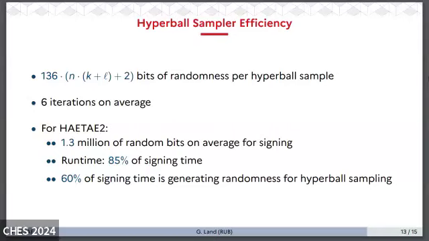And what's more important is that 60% of signing time, not of the hyperbole sampling time, is just used for generating randomness for the hyperbole sampling. And I think that's not only bad news, it's also good news, because once we have at some point Keccak acceleration, this will shrink a lot. So as of now, I'm pretty sure that HT will profit from Keccak acceleration way more than Dilithium does.